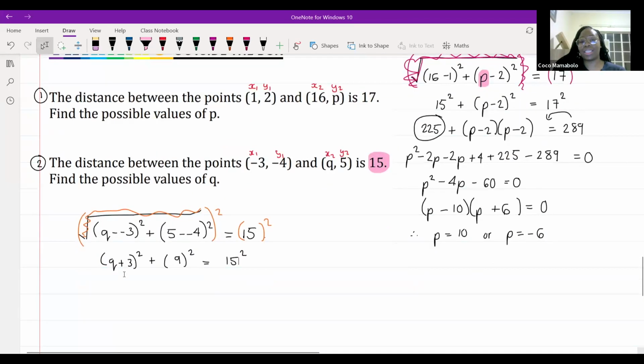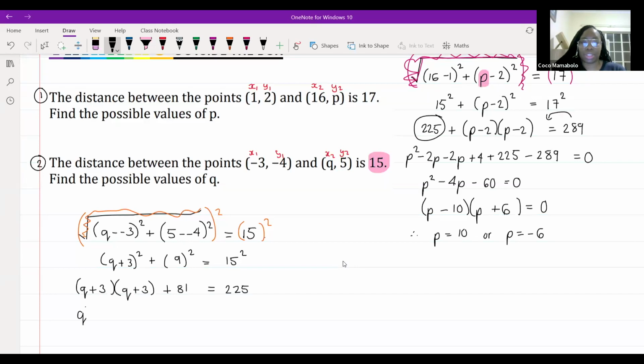And then I just need to take q plus 3 and open up two brackets: q plus 3 and q plus 3, plus 81 is equal to 225.